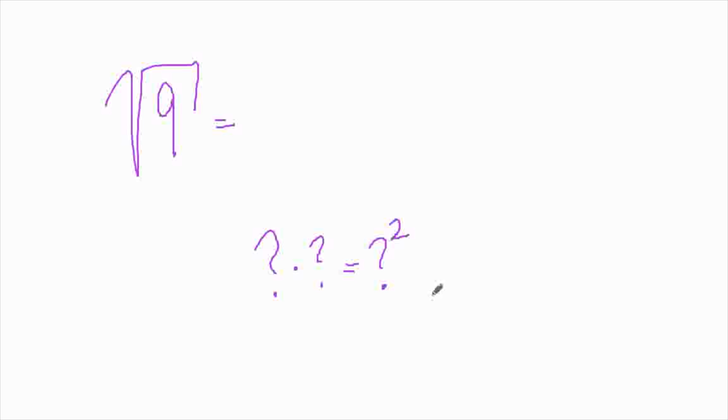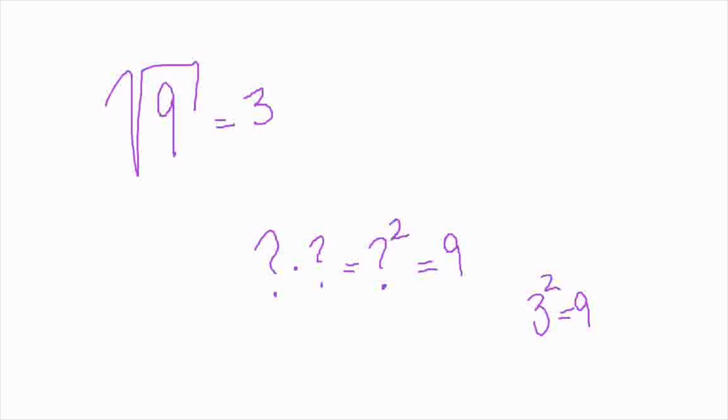So what number do I square to get 9? Hopefully you know that 3 squared is 9. So the square root of 9 is 3, because 3 squared is 9. You can think of this as going backward, doing the opposite of squaring. It's like unsquaring a number. So that's what a root is.